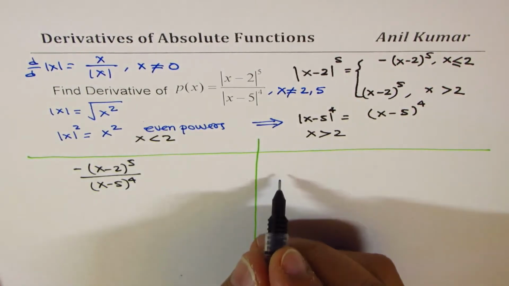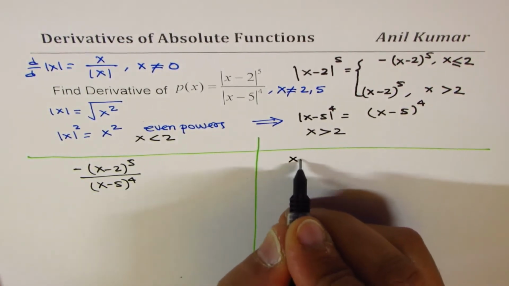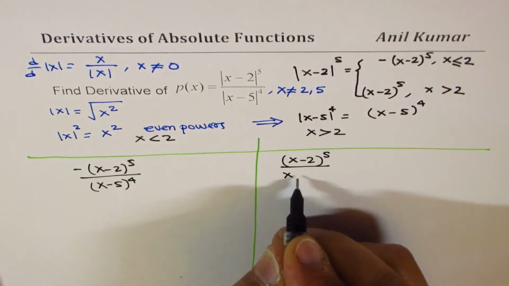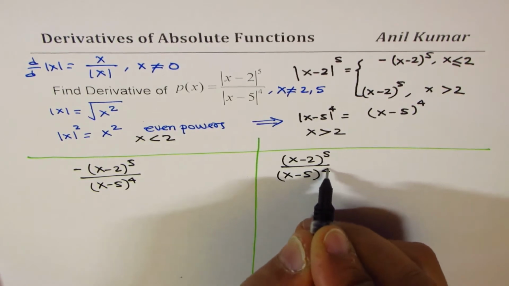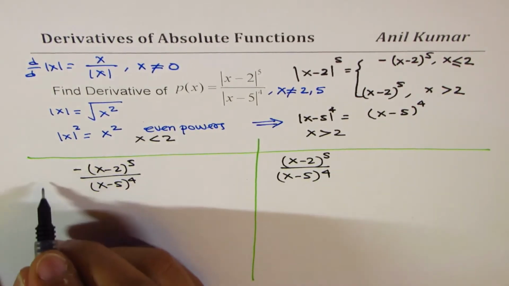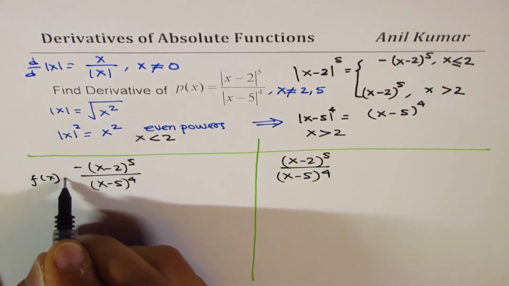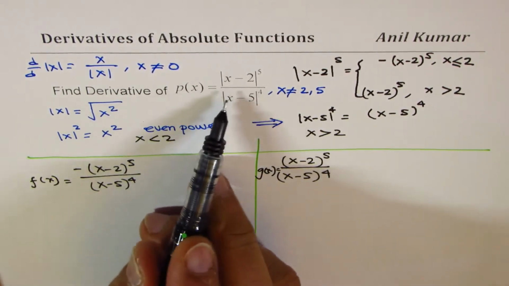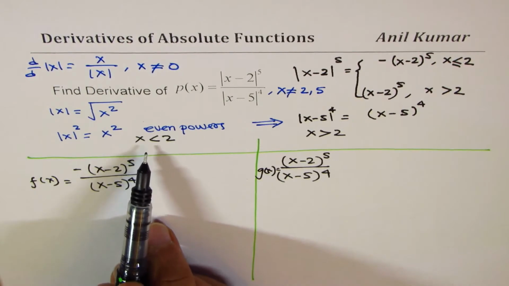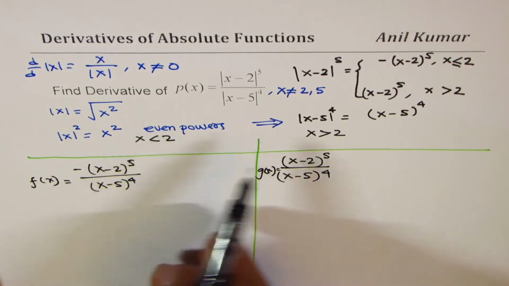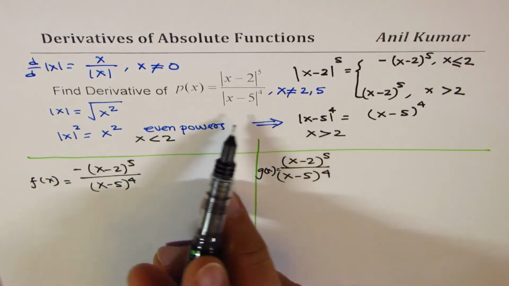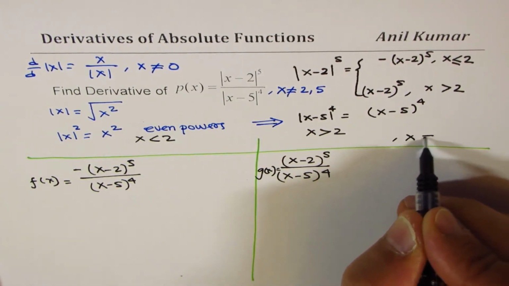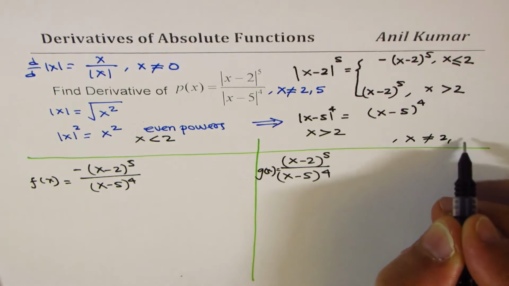Is it okay? And the other one will be (x minus 2) to the power of 5 over (x minus 5) to the power of 4. Right? So let's call these functions f of x and g of x. I'll split this function into two parts where x is less than 2 or greater than 2. We clearly know that it's not differentiable at x equals 2 or at 5.